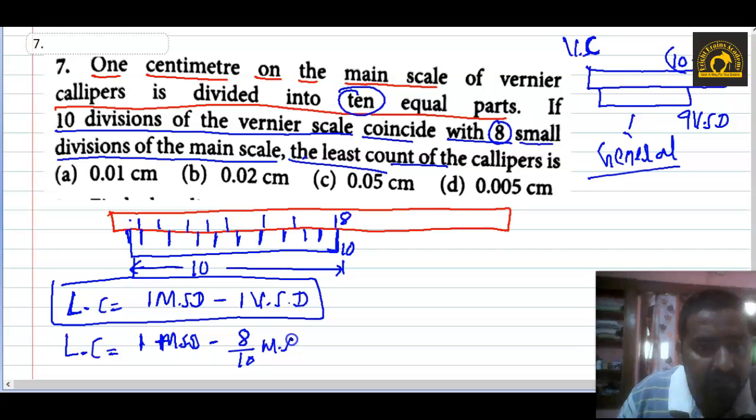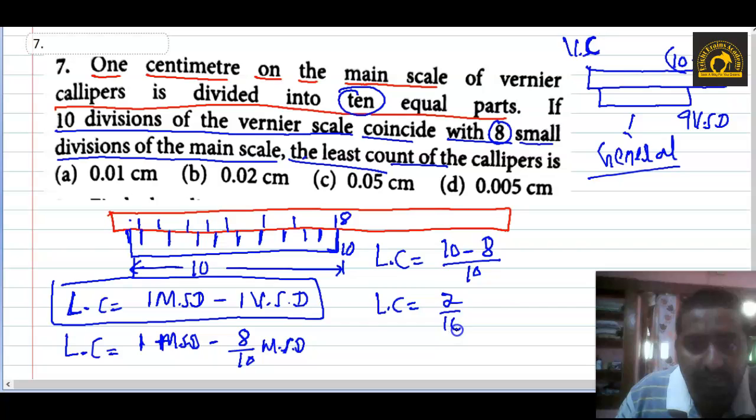Then the final answer: the least count is equal to 10 minus 8, divided by 10, that is 2 by 10. This is in millimeter, because the 8 small divisions are in millimeter, but the answer is needed in centimeter.